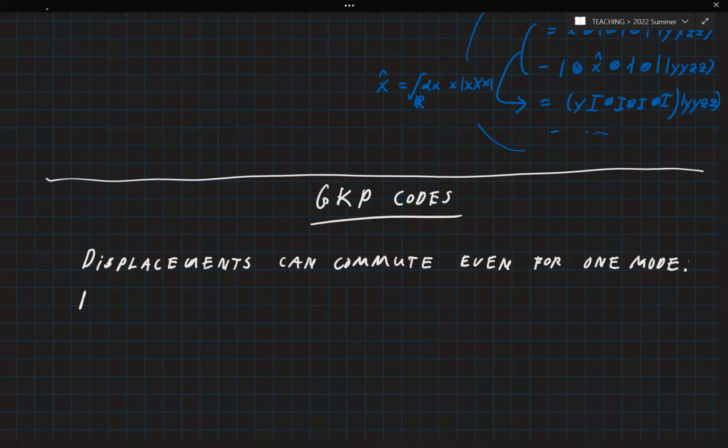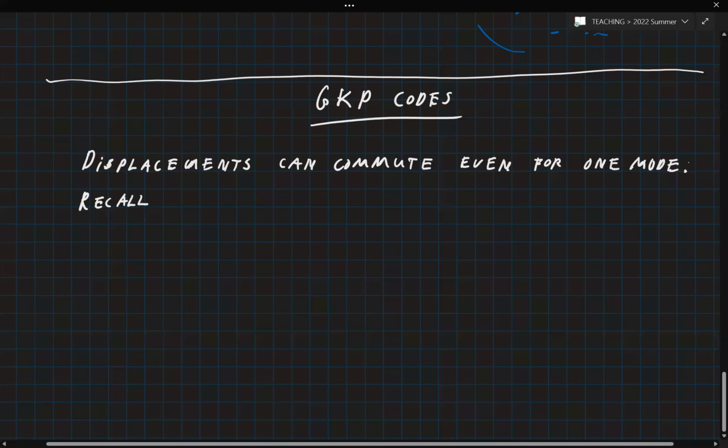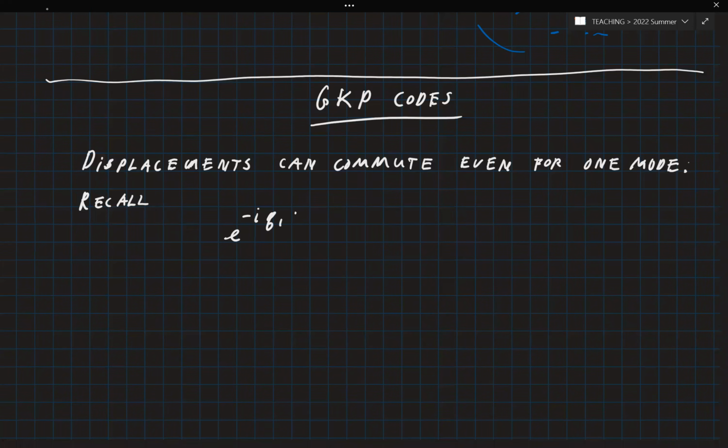So recall, well, maybe not recall, maybe you're going to see this for the first time, but the commutation relation between 2 different displacements on a single mode is as follows. You take a position shift by Q1 and try to permute through a momentum shift by Q2. And what you get after you permute one through the other is the 2 permuted and a generalization of the minus sign that occurs in the Pauli matrices that now is a full-blown phase that's just related to the product of Q1 and Q2.